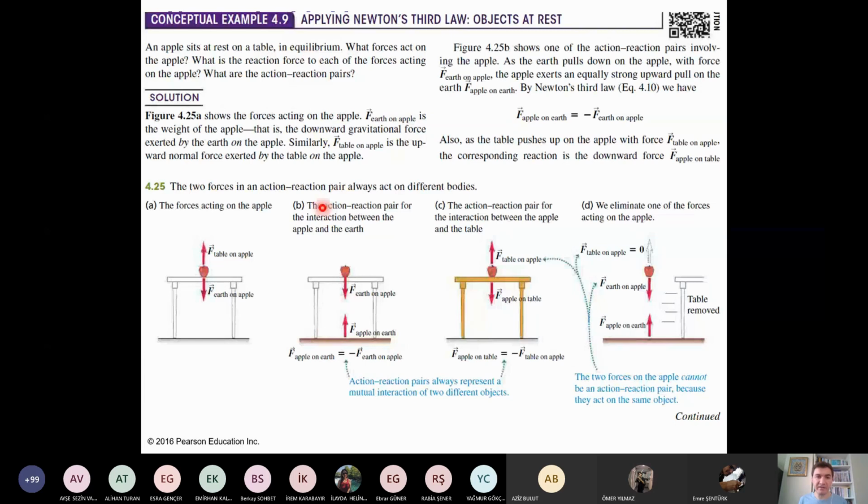So now let's discuss the action-reaction pair for the interaction between the apple and Earth. Here we have the table. This is the weight, the force due to the Earth on the apple, but there is a force applied on Earth due to the apple. Here I have shown you this example.